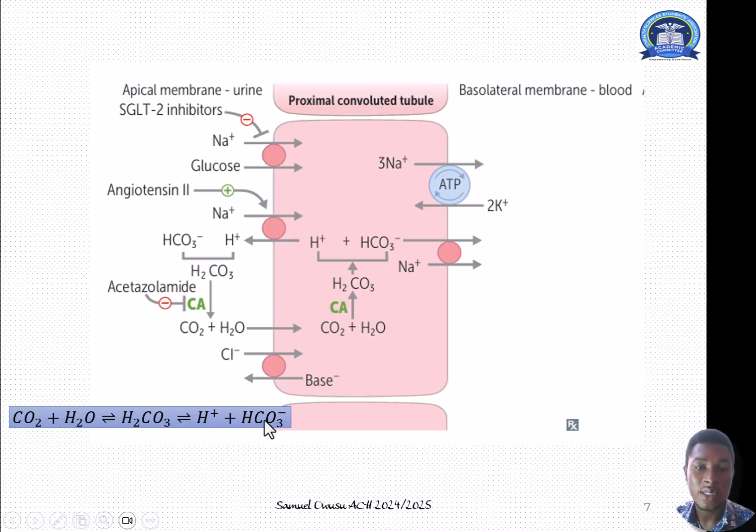As you can see from here, the carbon dioxide and water can enter from the urine into the cells, and in the cells this same carbonic anhydrase will convert it into carbonic acid, and then we have H plus ions and HCO3 minus ions being produced, and the bicarbonate ions can also leave via a transporter here.